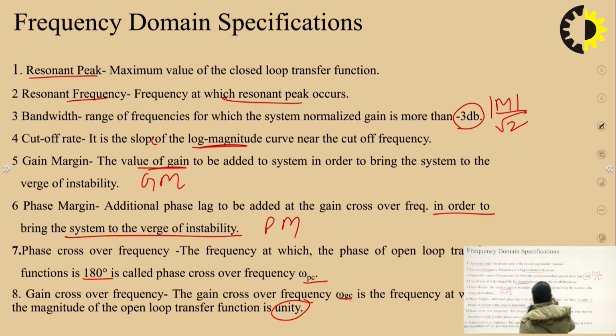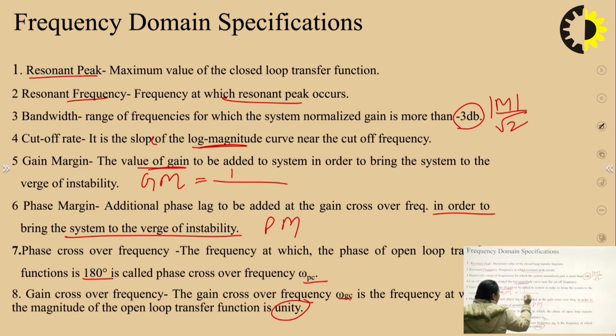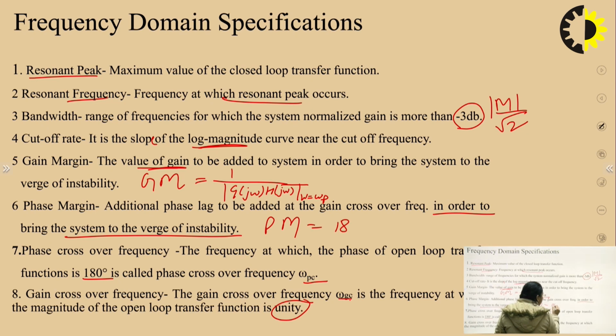You can say gain margin is also equal to 1 upon the magnitude of G(j omega) H(j omega) at omega equals omega PC. And phase margin can also be written as 180 degrees plus the angle of G(j omega) H(j omega) at omega equals omega GC.